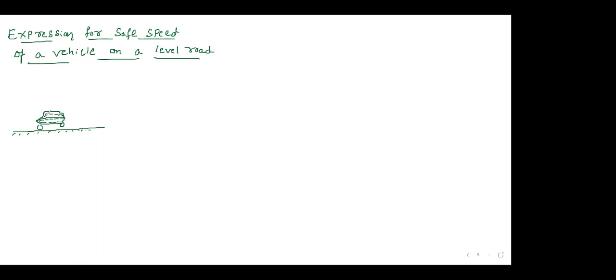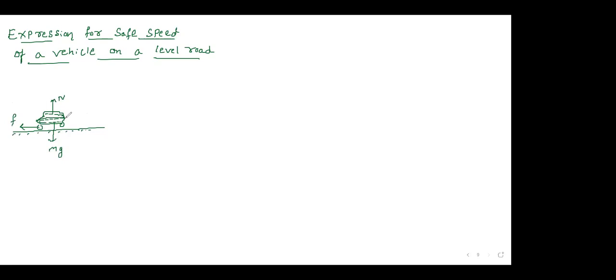The normal reaction of the vehicle is acting upward. What is the downward weight? mg. Now, there is an opposing force between these two surfaces. What is that opposing force called? Frictional force.